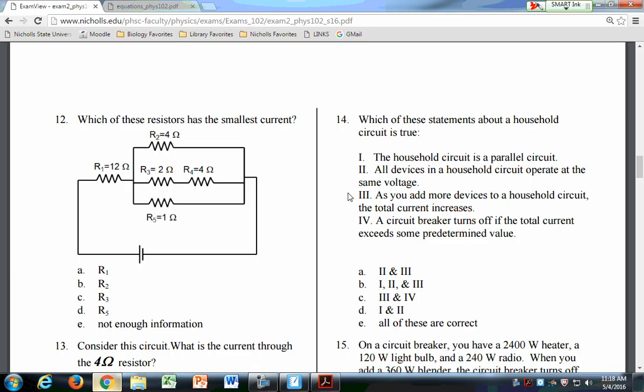I probably wouldn't come that far out of field. Since GFCI is not on here, then you're not going to see GFCI. You follow what I'm saying? But I could change up these statements, like in number 14, about your household circuit and your circuit breaker. Similar ideas, but just written differently and asked differently.